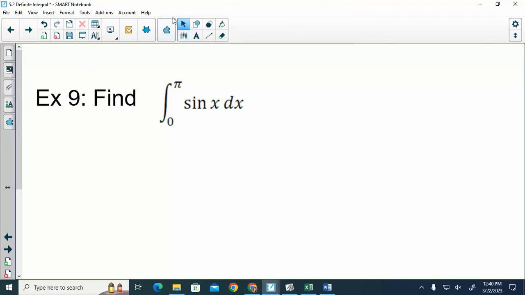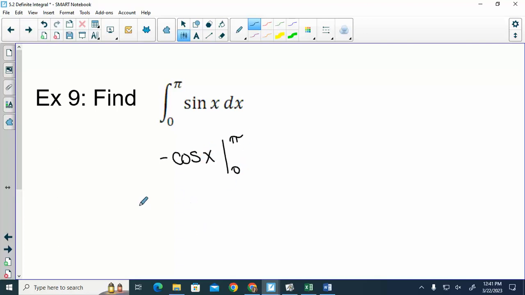So if I want this integral, you had a trig function on your homework last night, but we just did the approximation. We just had a set number of rectangles. What is the antiderivative of sine? We're going to do negative cosine x. We're going to evaluate from 0 to pi. So you plug in the top number, negative cosine of pi, minus, and then you plug in the bottom number, negative cosine of 0.